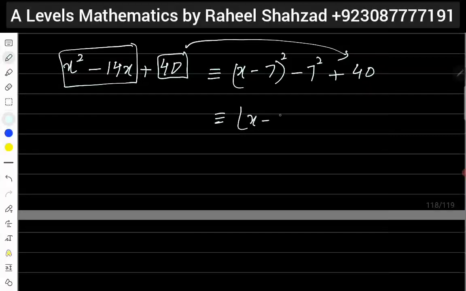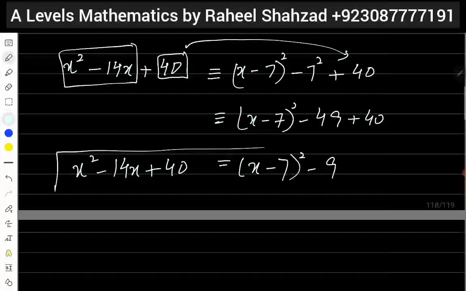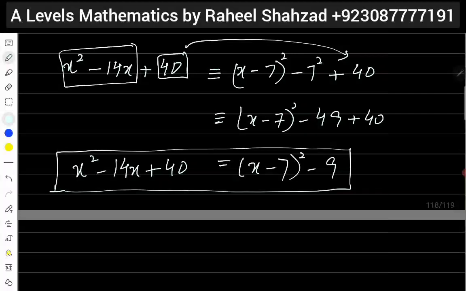So this can be written as x minus 7 whole square minus 49 plus 40. So x minus 7 whole square minus 9, right? So this is x square minus 14x plus 40, that can be expressed in this form in a complete square.